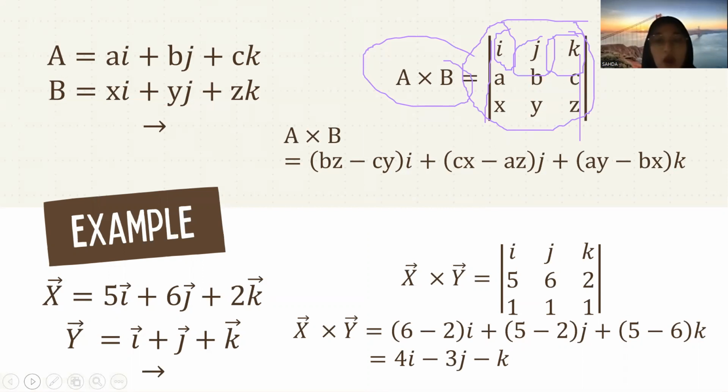And then the components of A in the second row, and in the third row, the components of B, X, Y, and Z.